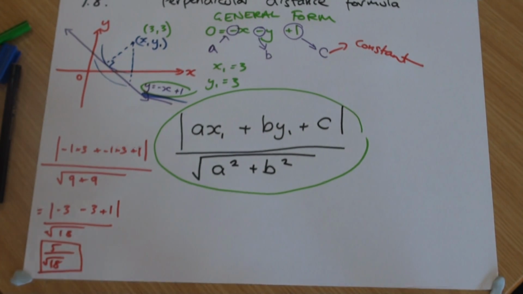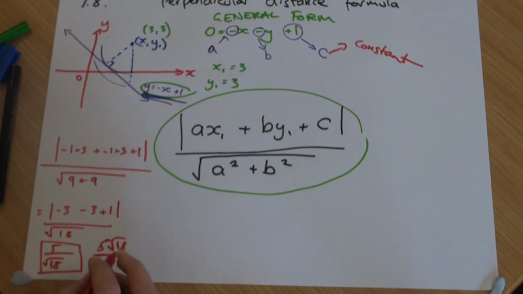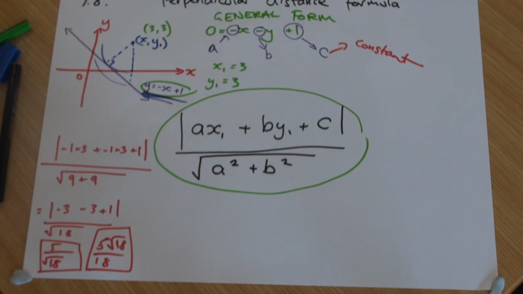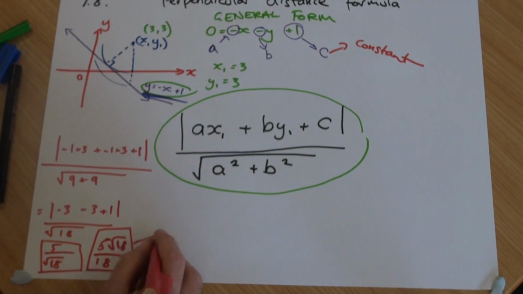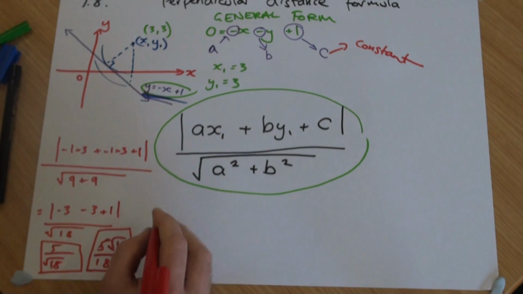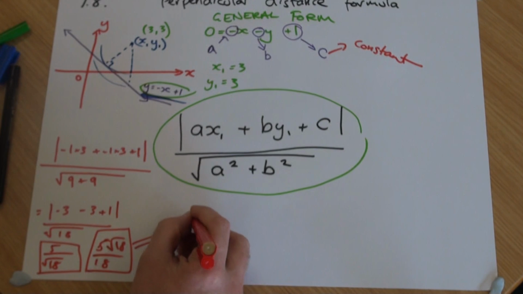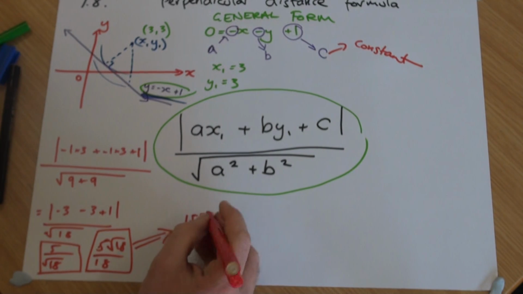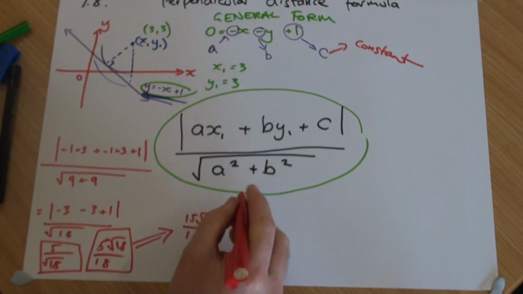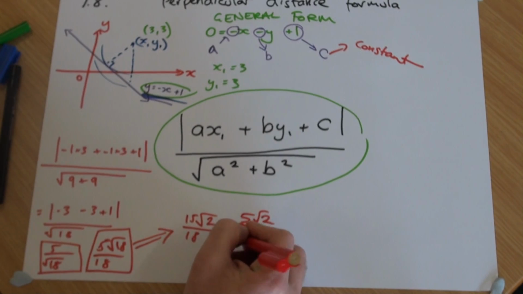Now we could also rationalize the denominator, 5 root 18 over 18, if you like that a bit better. So that is our perpendicular distance. Of course, we can simplify this. Let's turn this root 18, we can take out 9, so it becomes 15 root 2 over 18. We can divide top and bottom by 3, 5 root 2 over 6.